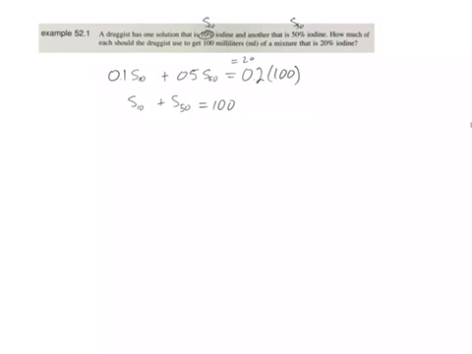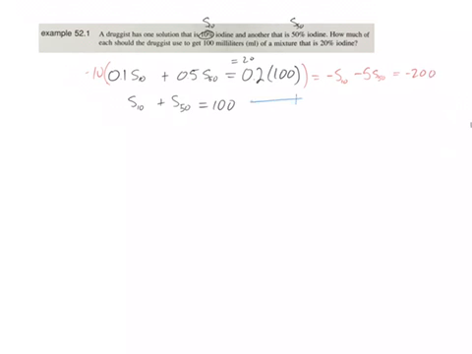I'm thinking I'm going to use elimination to solve this one, because I'm noticing that if I multiply this one by 10, I have the same coefficient here. So I'm going to multiply this whole first equation by negative 10 so I can add them together and eliminate my S sub 10s. I will get negative S sub 10 minus 5 S sub 50 equal to negative 200.